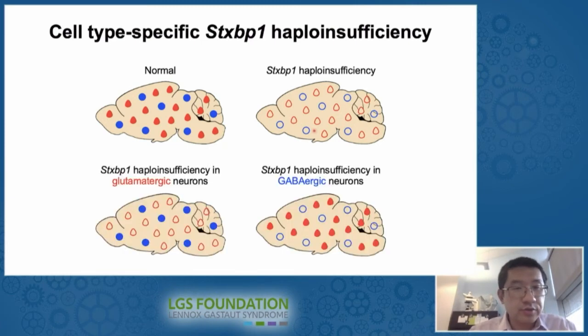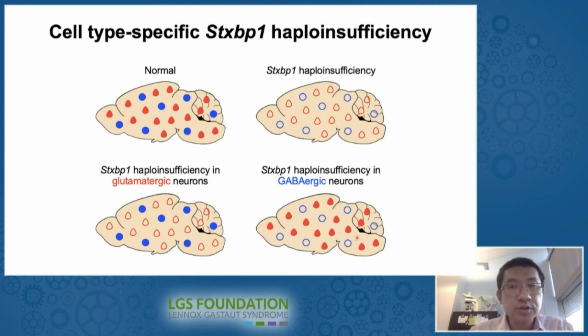And we want to create a glutamatergic haploinsufficiency model or GABAergic haploinsufficiency model, where the glutamatergic neurons will be heterozygote for XDX-BP1, and the rest of the cells are normal, right? Vice versa, in this case, the GABAergic cells will be heterozygote mutants for XDX-BP1, and other cells are normal.